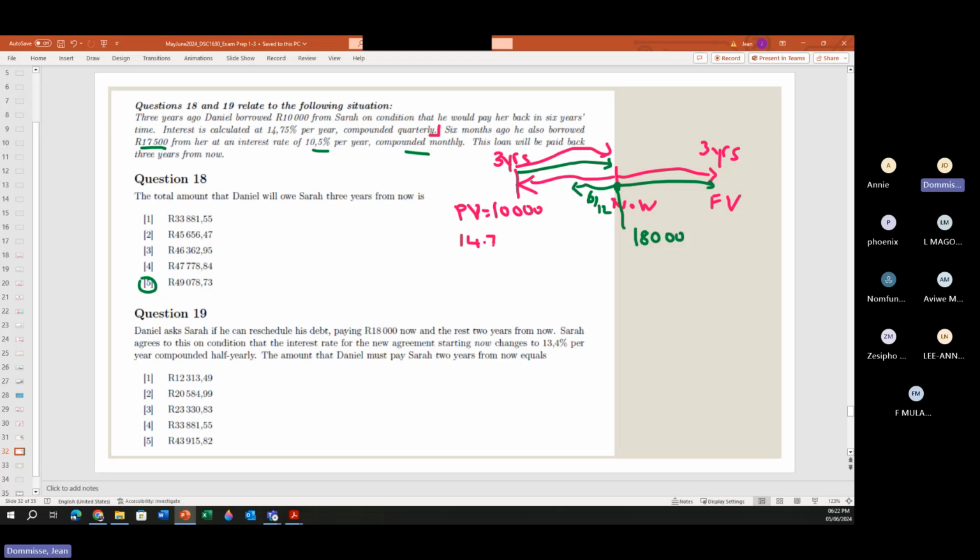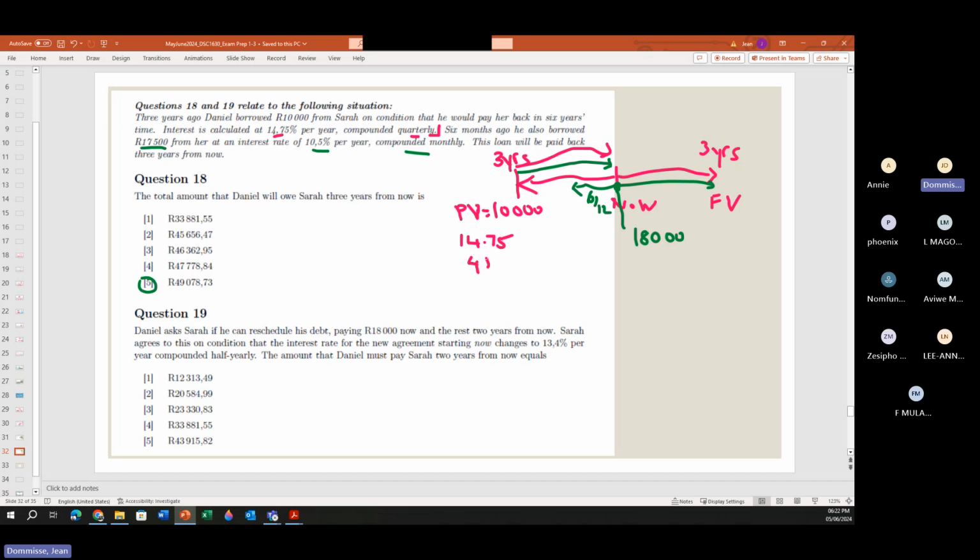So 10,000, still at the 14.75%. We still need to jump between the two questions, which again is not great, because we need to look at the original 14.75, which was compounded quarterly.